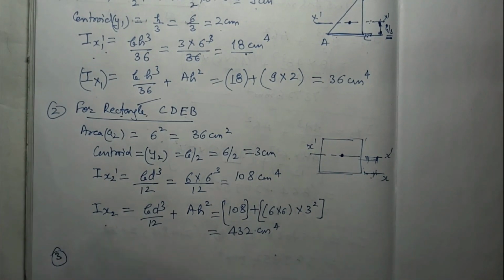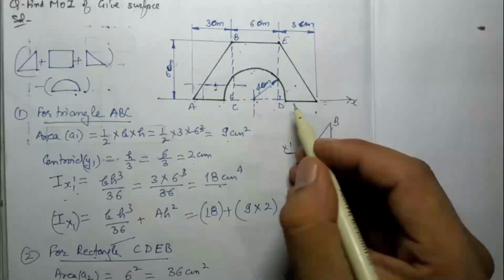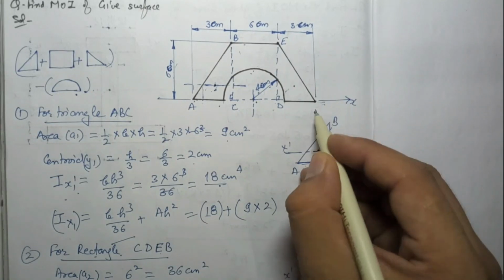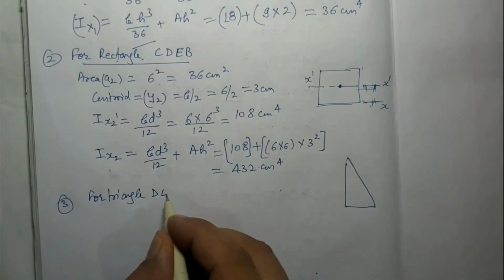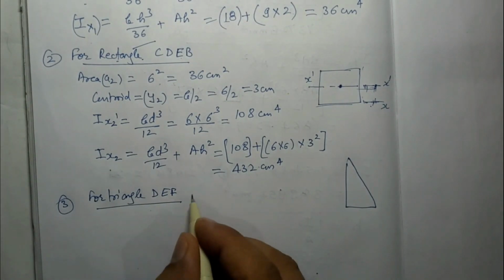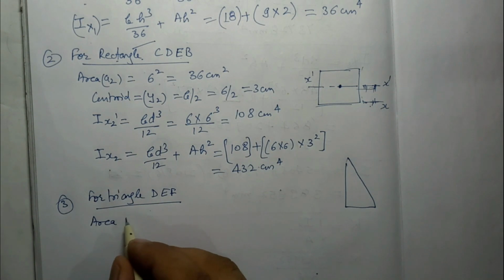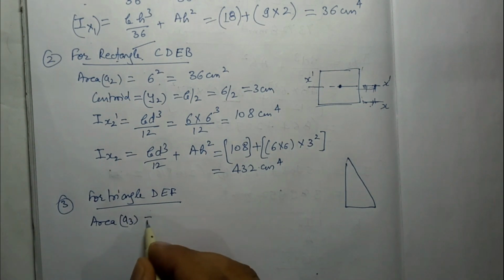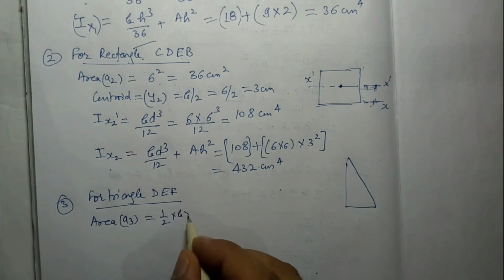Now third is again a triangle, this one. Let's see, we give the name to this triangle. Now this is DE, let's say this is F. So for triangle DEF we do the same. So what is the area? Means we can say area A3, the area of the triangle, that is half b into h.